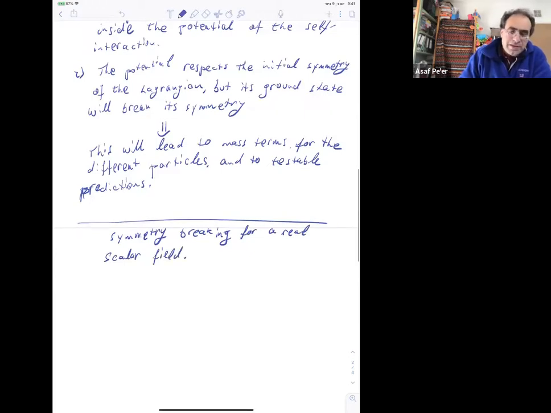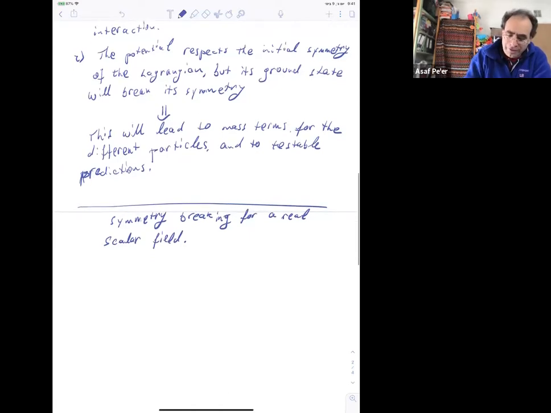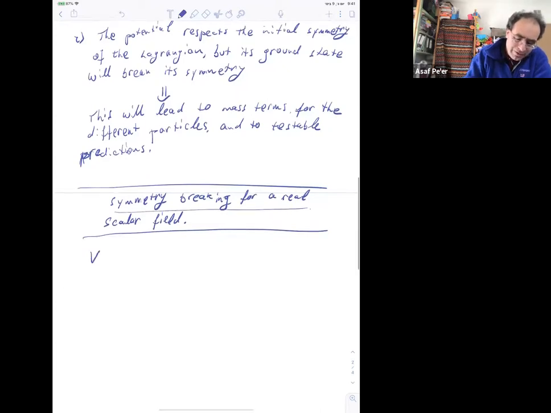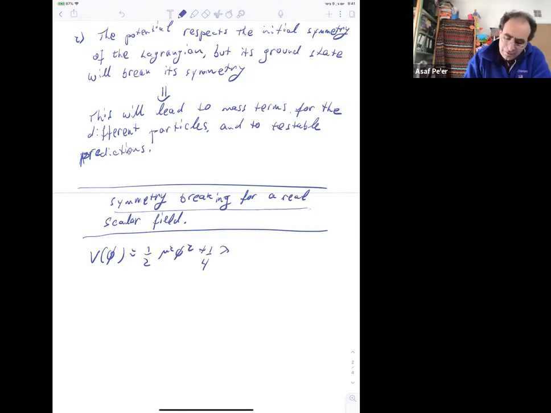So let's assume that we have a real scalar field, a simpler scalar field, and we're going to put a potential V(phi), which is 1/2 mu squared phi squared, and then I'm going to add another term, which is plus 1/4 lambda phi to the 4.